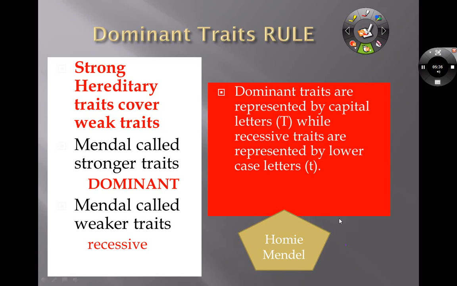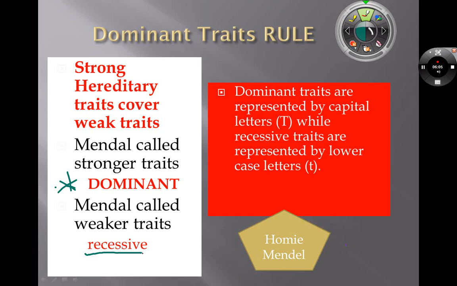Alright, so dominant traits rule. Strong hereditary traits cover the weaker traits. He called the strong ones dominant, and he called the weaker ones recessive.